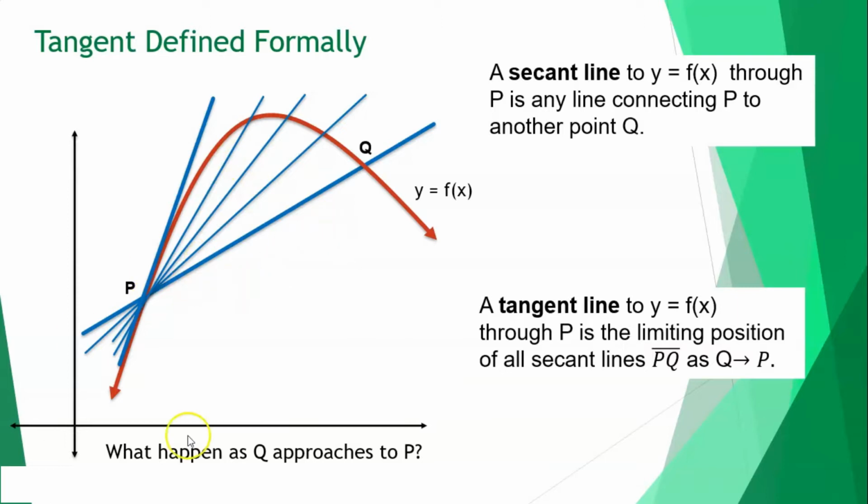So again, when you say slope of the tangent line, it is just like saying from the secant line, eventually it became a tangent line.